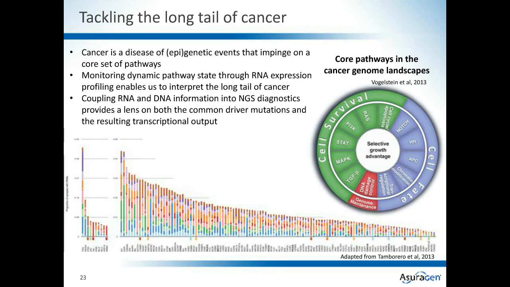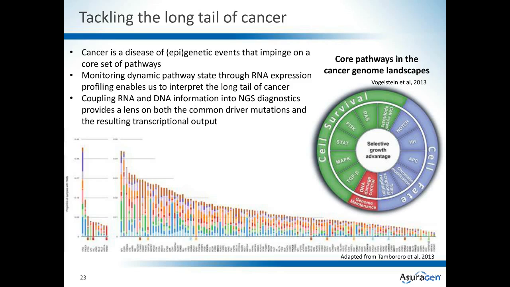TCGA and other consortia are powering their way toward the end of this tail using pan-cancer approaches to identify ultra-rare driver mutations. Driver mutations in cancer, both common and rare, impinge on a core set of pathways. By coupling RNA expression profiling with DNA mutation sequencing, we can begin to interpret the implications of these driver mutations at the pathway level.